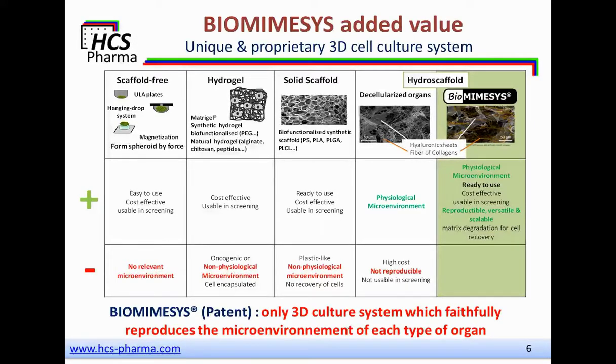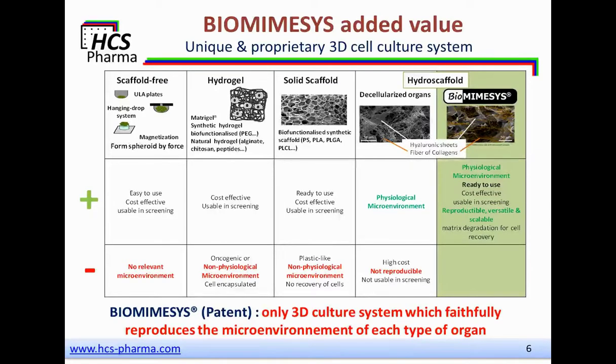The first class are the scaffold-free models based on the formation of monospheroids using external stress, by the modification of the form and surface treatment for U-shaped plates, or gravity for hanging drop, and using metallic nanoparticles for magnetization. The advantages of the technology are their ease of use and their adaptability for screening. But the lack of specific microenvironment is a major limit and disadvantage in this system.